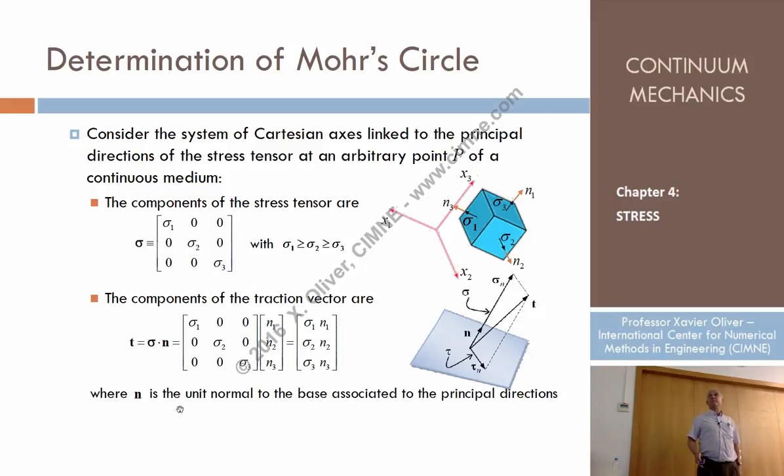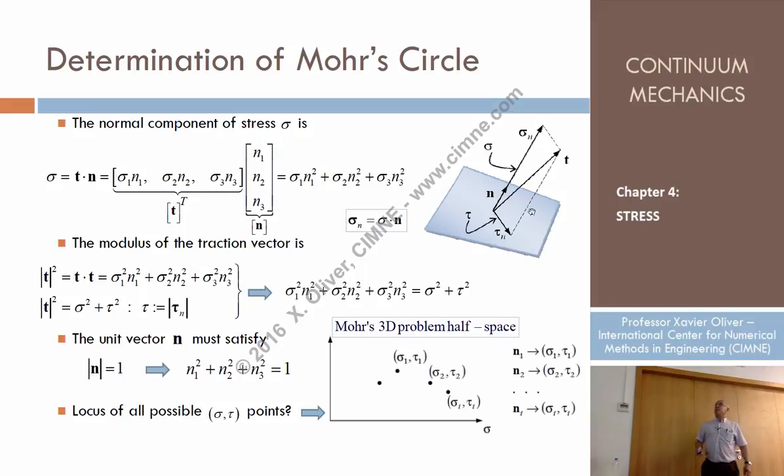Okay? So that's true. Now I want to compute the normal and tangent components of this vector. For finding the normal component, I just project t in the direction n. So I find that projection. And for doing that, we know that we just do the dot product of t times n.